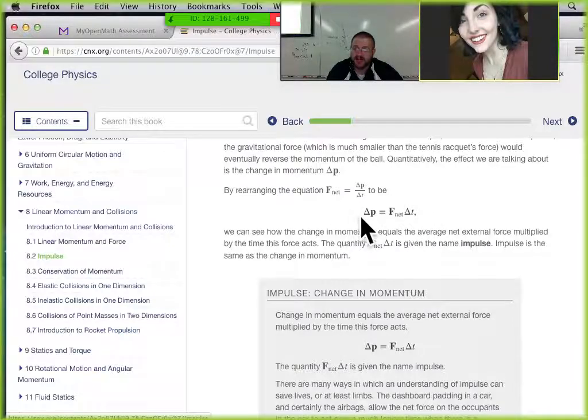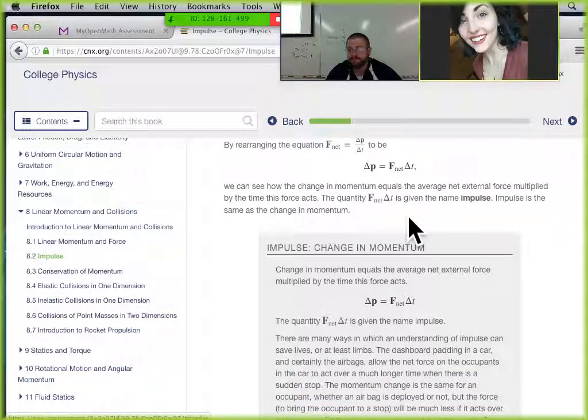So if you know how it changes momentum and you know how much time it took, you can calculate the force. So when it's talking about a car that's driving so fast, weighs this much, and stops in this amount of time, you'd figure out the momentum initially, and then the final momentum is going to be 0, because it's not moving. That makes sense.